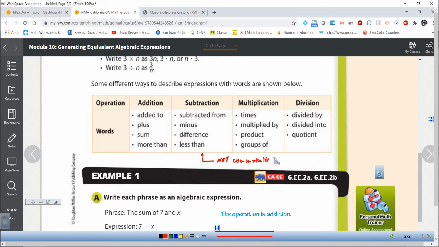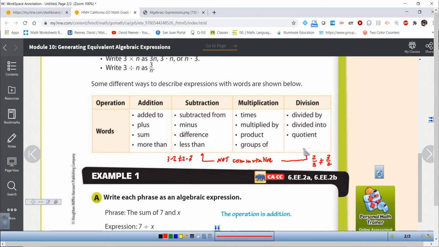Subtraction and division are not commutative. That means order does matter, right? 3 minus 2 does not equal 2 minus 3. And 2 divided by 3 does not equal 3 divided by 2. So the order does matter.